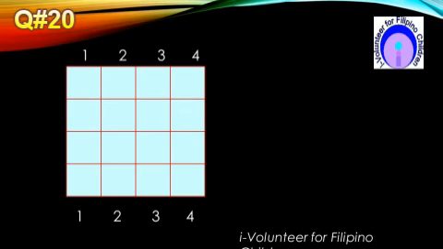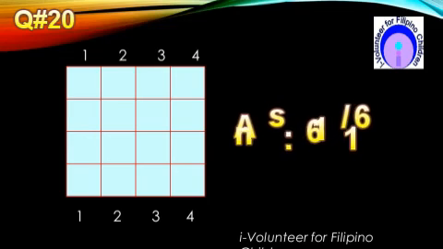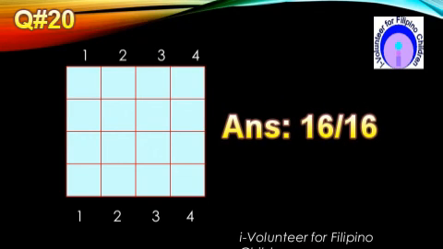Number 20. What fraction names the white squares? The answer is 16/16, or it can also be answered as 1 whole.